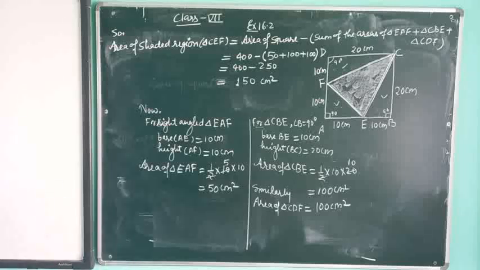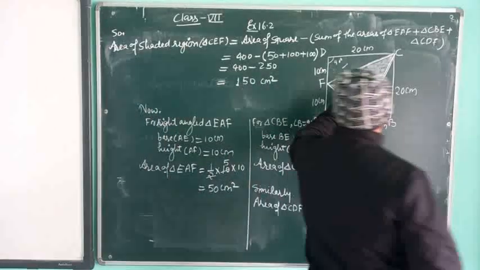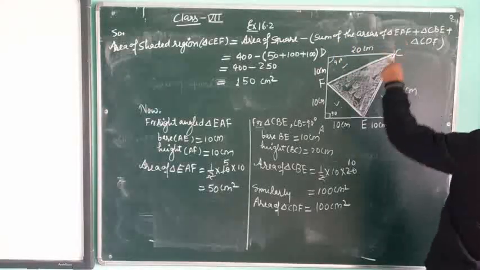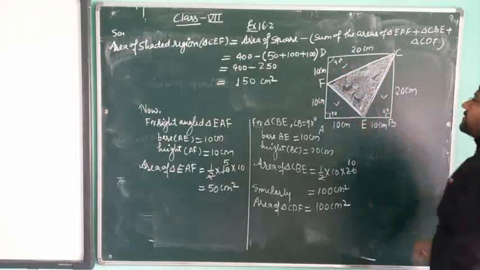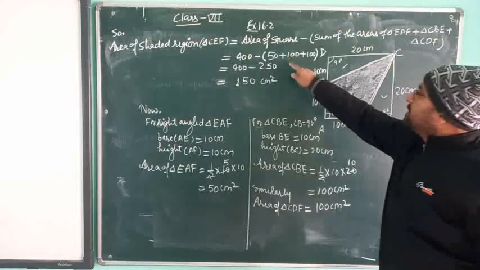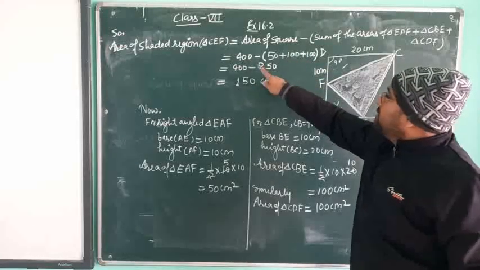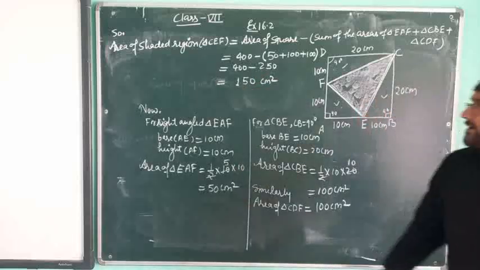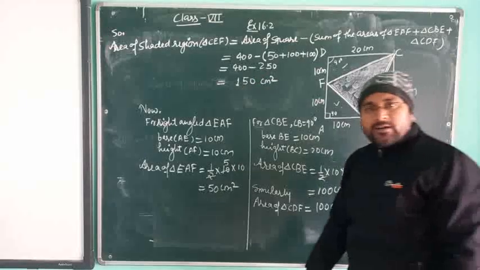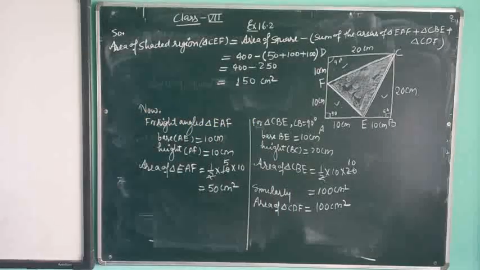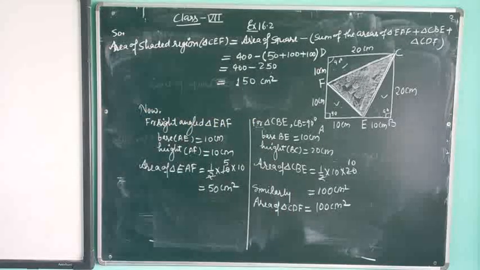It is the sum of the areas of the triangles, this one and that one: 50 plus 100 plus 100, 250. 400 minus 250, you will get 150 centimeter square as the area of the shaded region. So please complete the remaining questions by yourself.